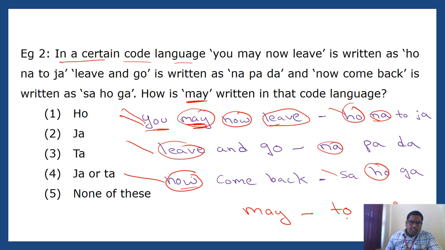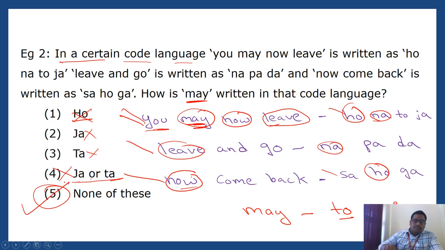If you have an option like this, you can easily take. I can't conclude it's ho, so it's gone. Ja I can't say because you is also not known. Ta is not there. And you see this option is intentionally given to confuse the student. It's ja or to, but here ta is given. So this is also a wrong option. The answer is none of these.